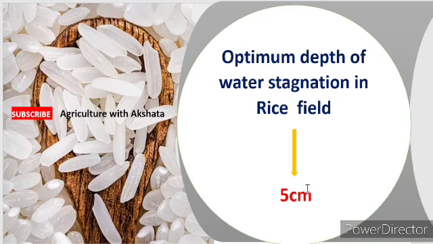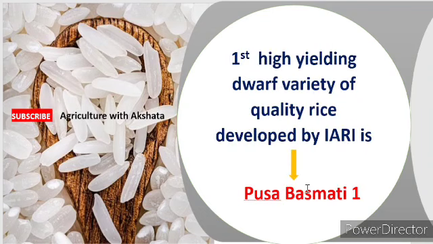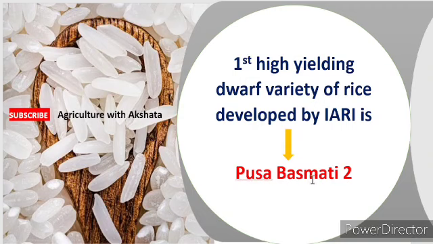Optimum depth for water stagnation in the rice field is 5 cm. The first high-yielding dwarf variety of quality rice developed by the Indian Agricultural Research Institute, that is IARI, is Pusa Basmati 1. The first high-yielding dwarf variety of rice developed by IARI is Pusa Basmati 2.